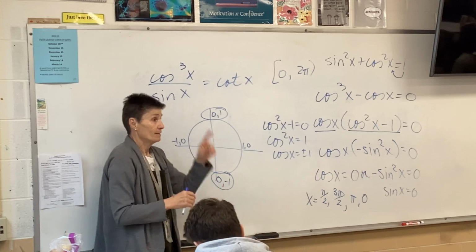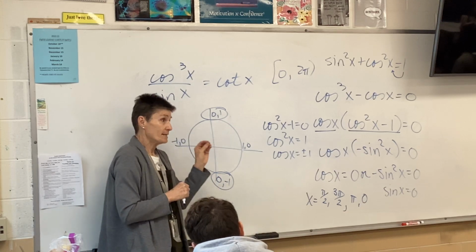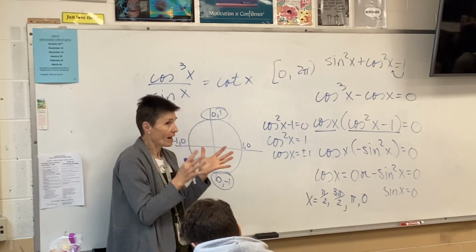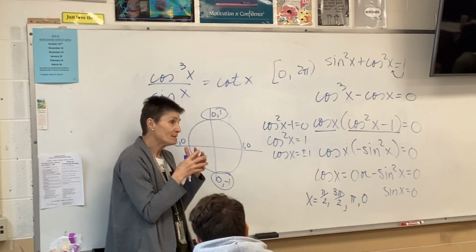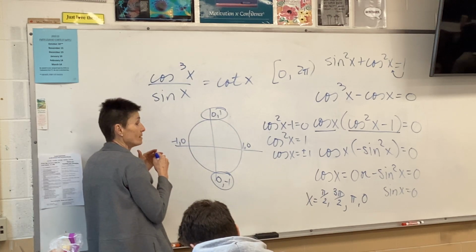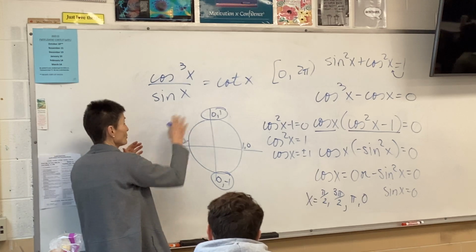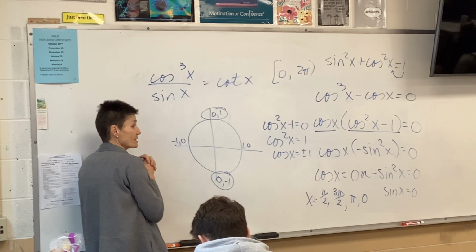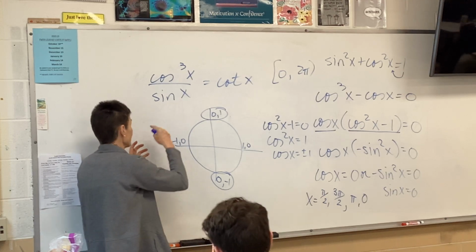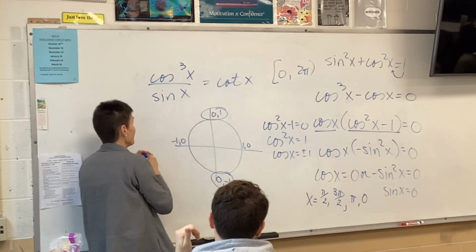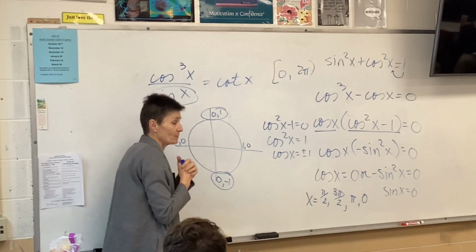But there's one more thing that doesn't happen in regular algebra, but it happens in trigonometry whenever you have functions that aren't sine and cosine, okay? First of all, actually it doesn't even matter in this case because I have a denominator. What do we know about denominators?